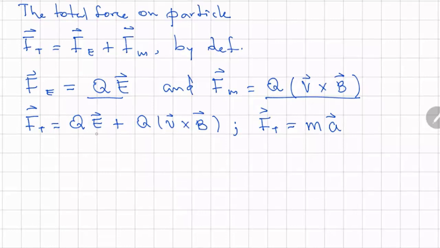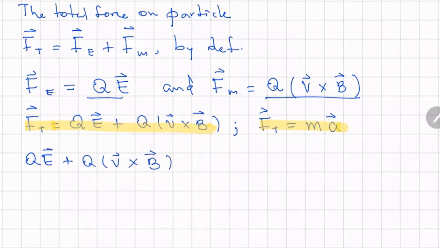So what we are doing here is taking this term that is equal to this, and because they are equal, we can write Q E plus Q V cross B equal to the mass multiplying the acceleration.